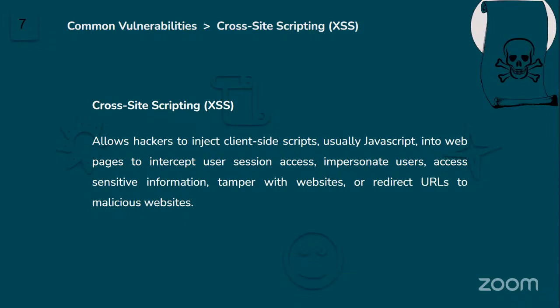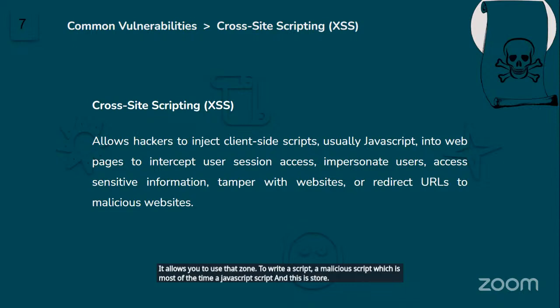It allows the user to write a malicious script, which is most of the time a JavaScript script. There are three forms of XSS attack. The first one is stored, the second one is reflected, while the third one is DOM-based XSS.